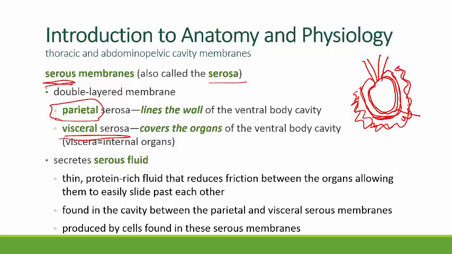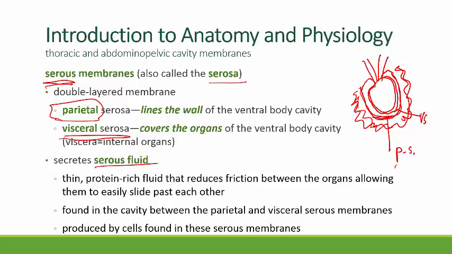So this layer would be the visceral serosa, while this layer here that's lining the wall is the parietal serosa. Hopefully that makes sense now. So in between the visceral and parietal layers, there's a little space. And it's into that space that these membranes secrete what is referred to as a serous fluid.